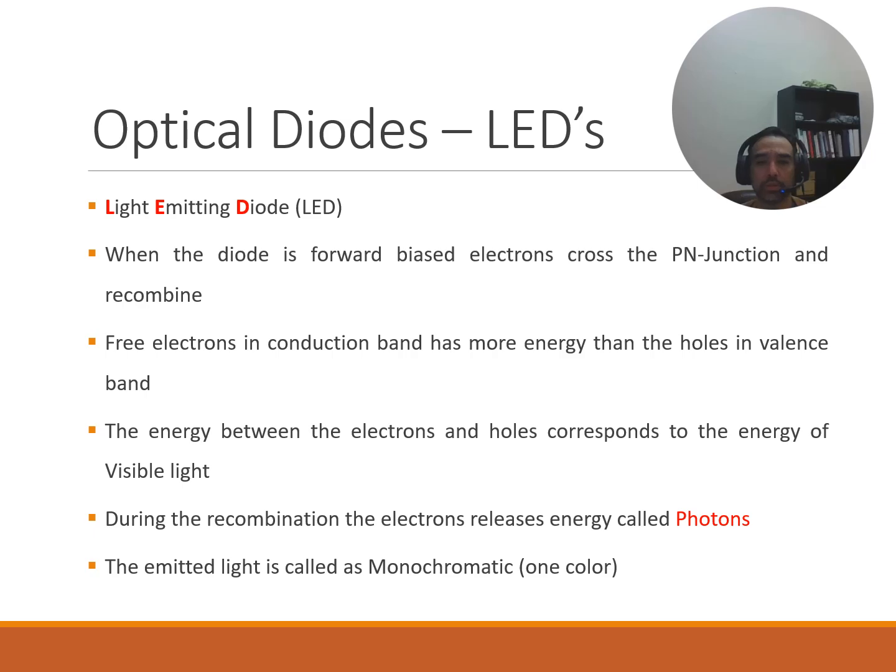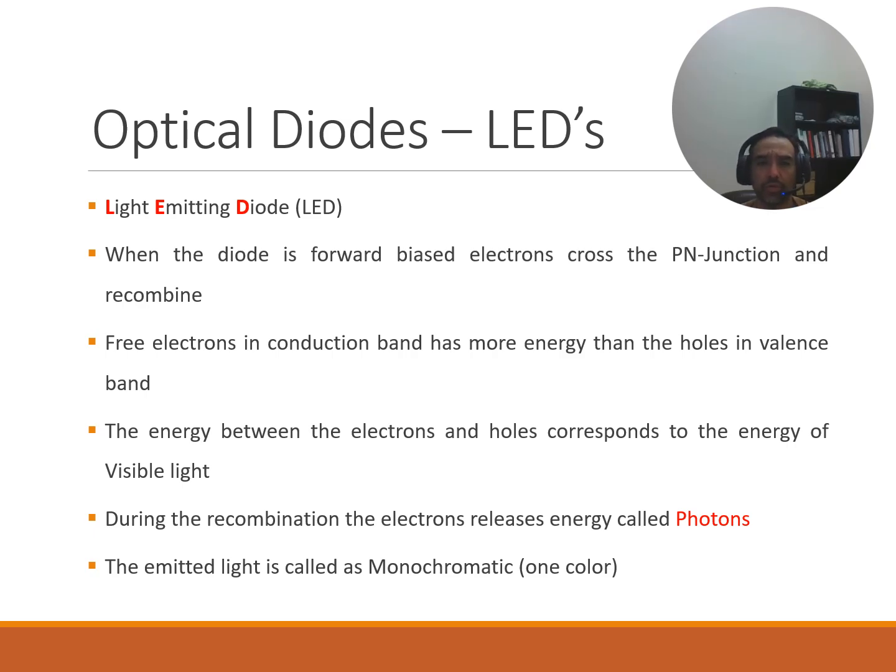Any other questions? All right, I'm just being telepathic here and assuming you're asking these questions. The energy between the electrons and the holes, what does that correspond to? Well, that corresponds to the energy of visible light. Fantastic question, right? We have those holes and electrons swapping places or occupying places. What does that mean?